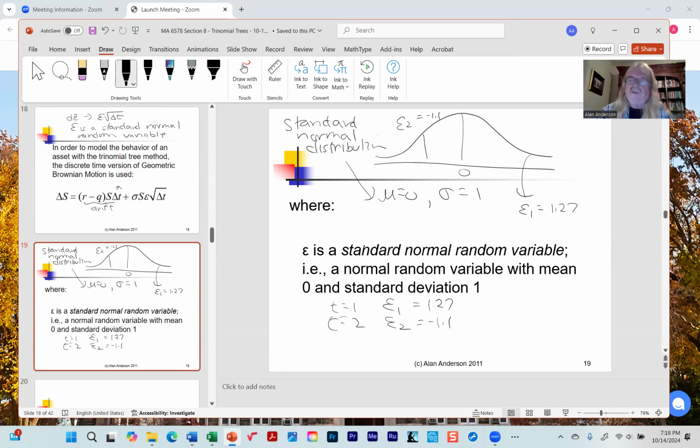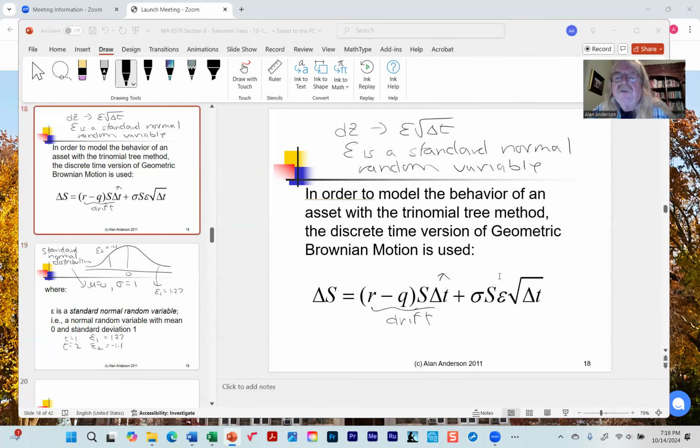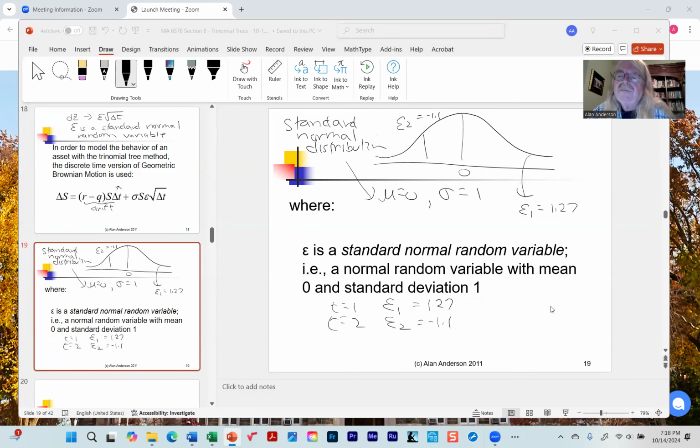So in other words, you have to visualize that we're randomly choosing from the standard normal distribution to come up with these values for epsilon. And each one of them is scaled by the square root of delta t. Okay, that way, the process has the correct statistical properties.